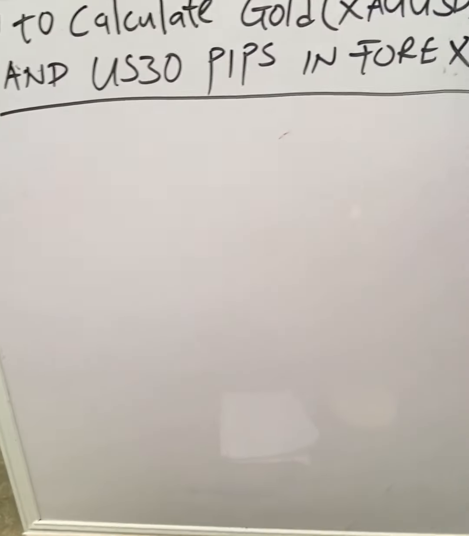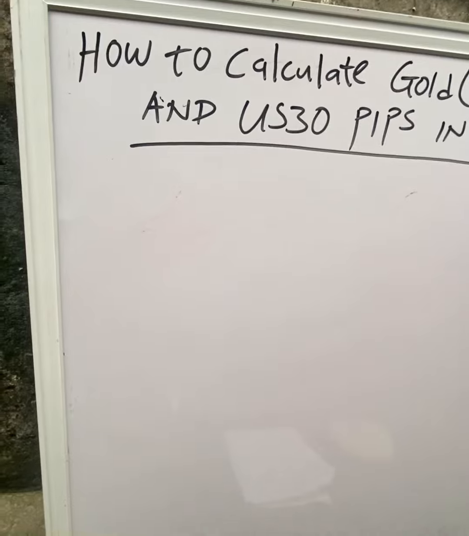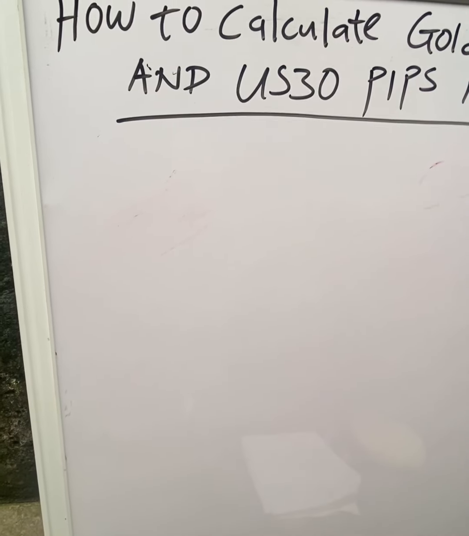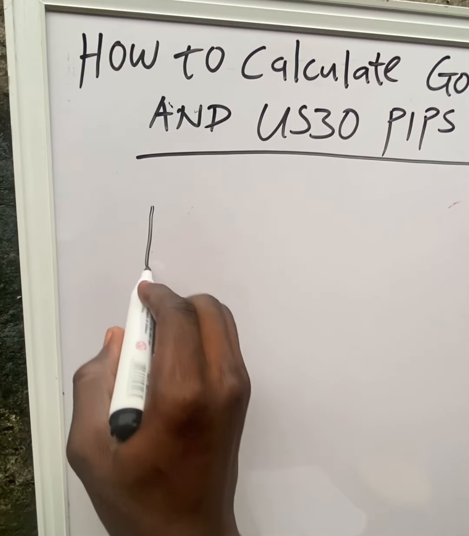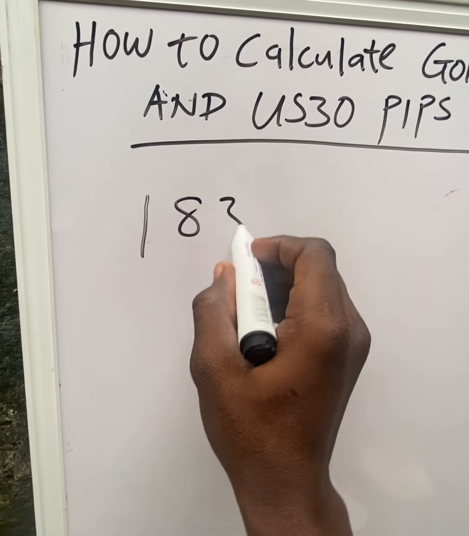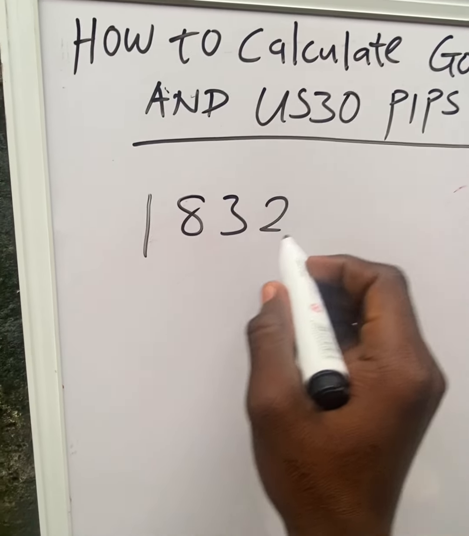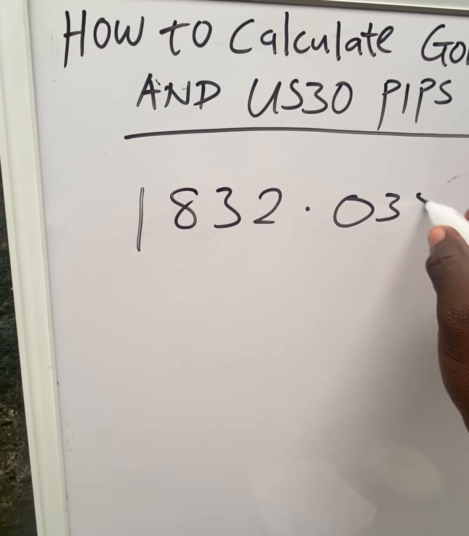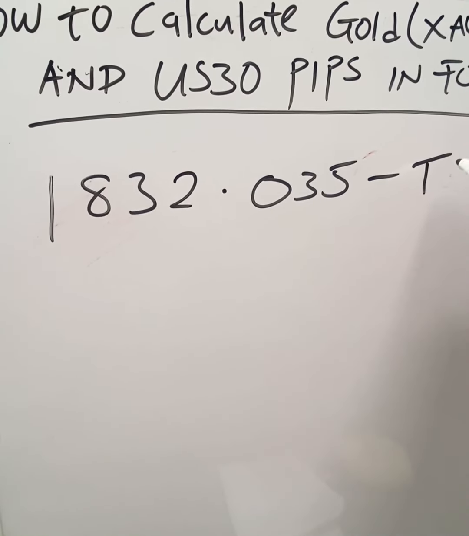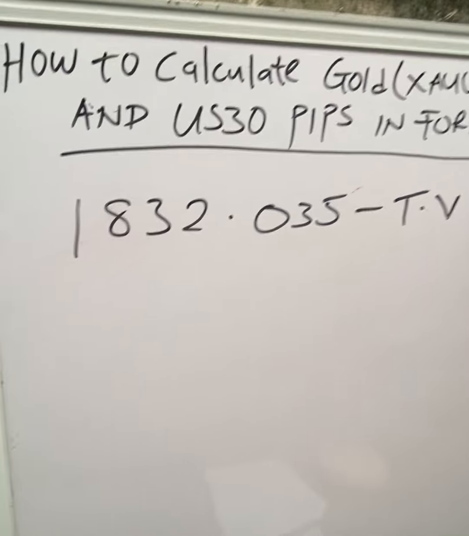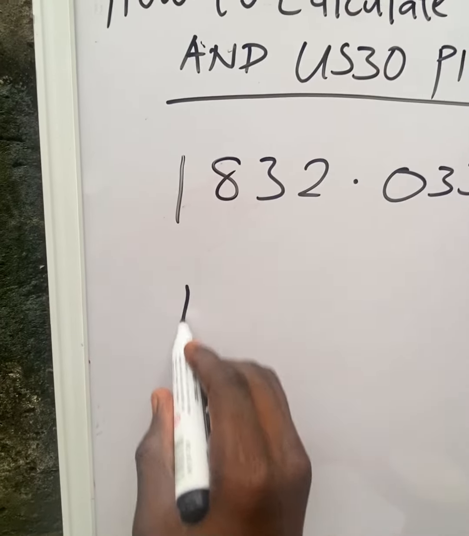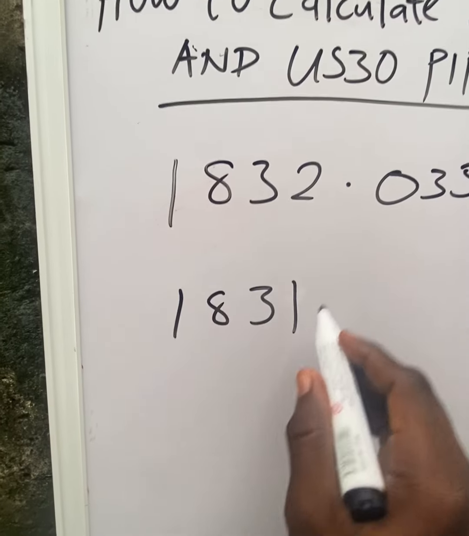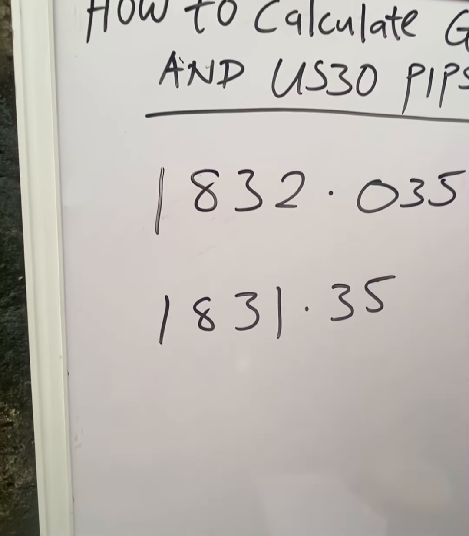First thing first, what you have to know is the gold price. If you are analyzing your market on TradingView, you have something like this: 1832.035. For the MT5, you have something like this: 1831.35.